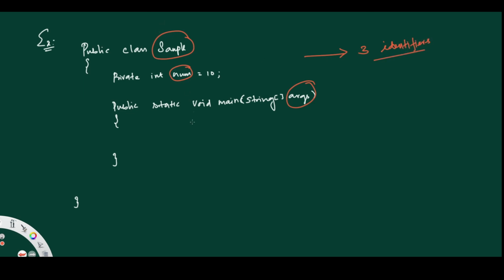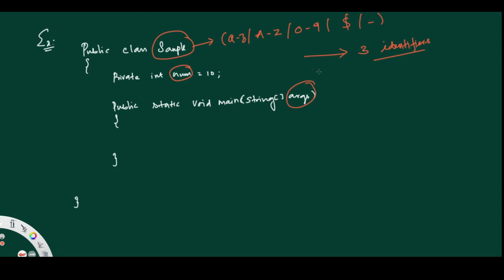Whenever you create these kinds of identifiers, you should follow the rules we have discussed. It should be defined with small a to z or capital A to Z, with 0 to 9, the numbers, and then dollar and then underscore.